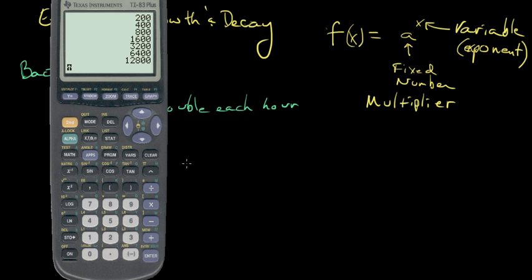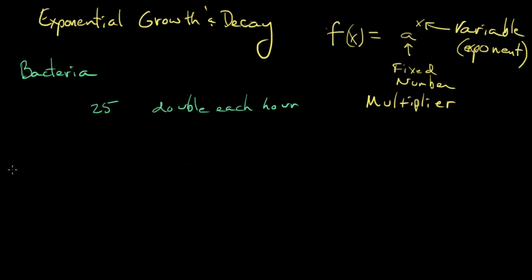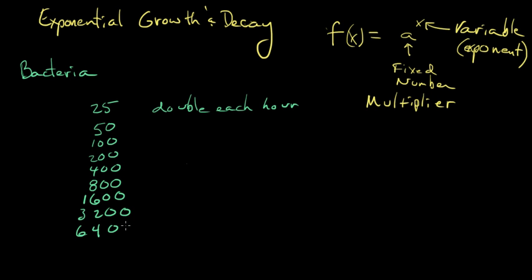We started with 25, and then we doubled that, and we went 50, and then 100, 200, 400, 800, 1600, 3200, 6400, and then 12,800. We just doubled it each time.